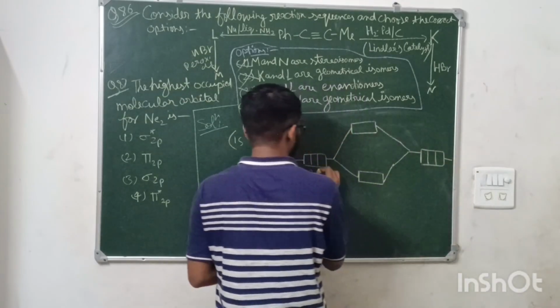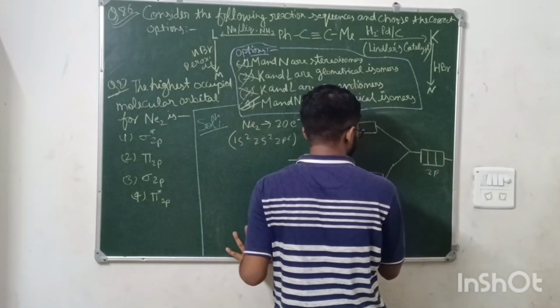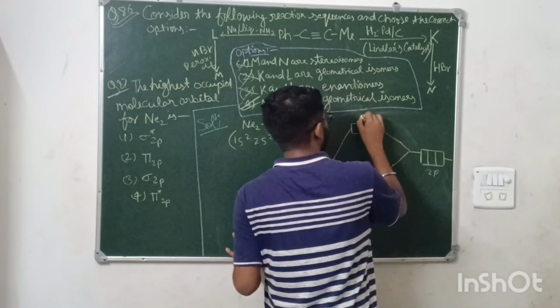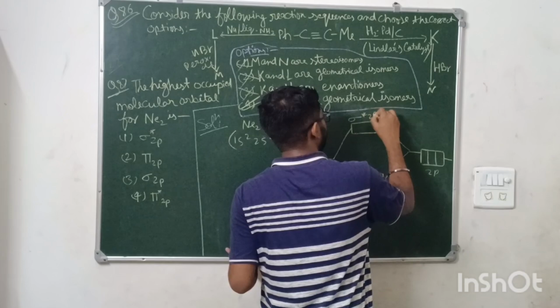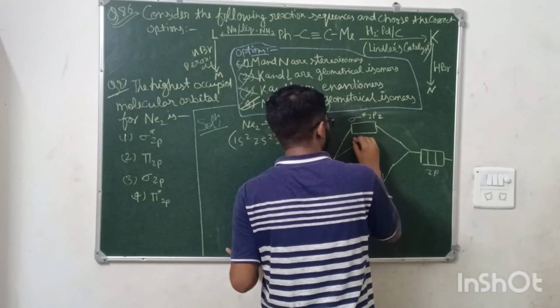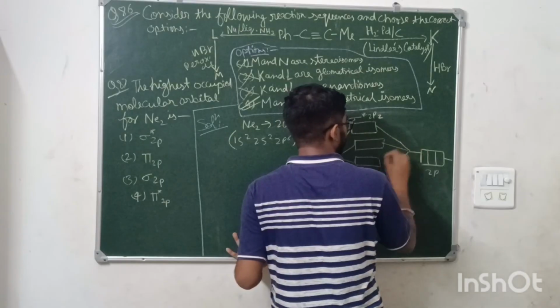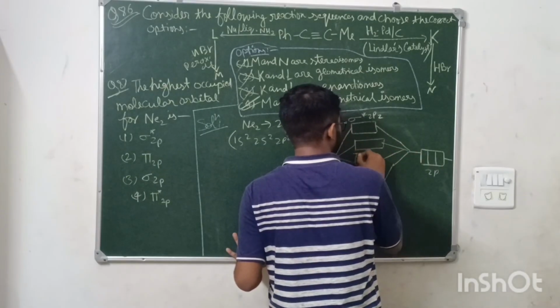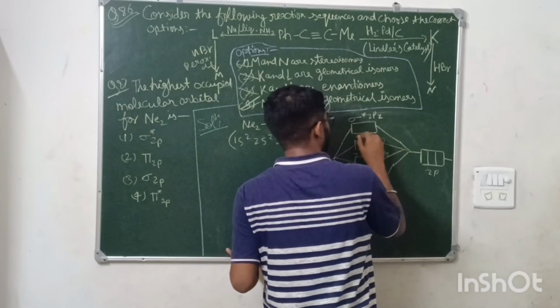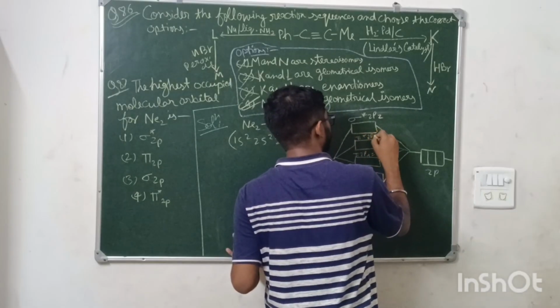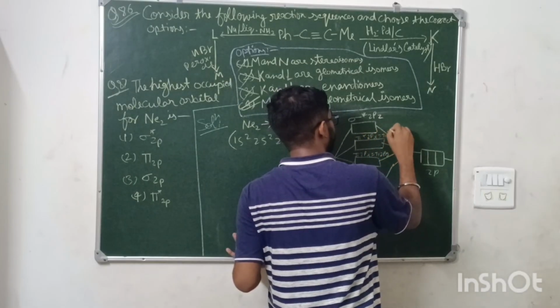This is the 2p orbital, and this is sigma 2pz and this is sigma star 2pz, and these two orbitals are pi 2px, pi 2py and pi star 2px, pi star 2py.